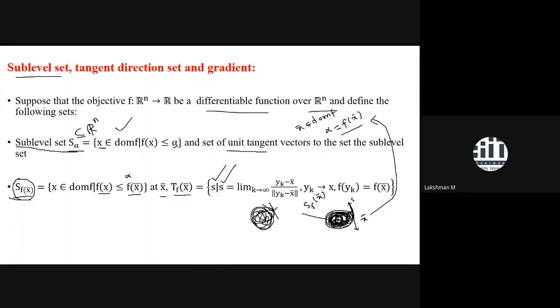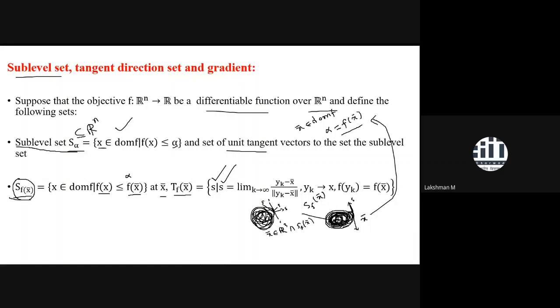So all these are S. Infinitely many S you observe in the case of a 3D sublevel set. So this one is a 3D sublevel set. Here x bar belongs to R3, the intersection with the sublevel set S_alpha, S_f at x bar.